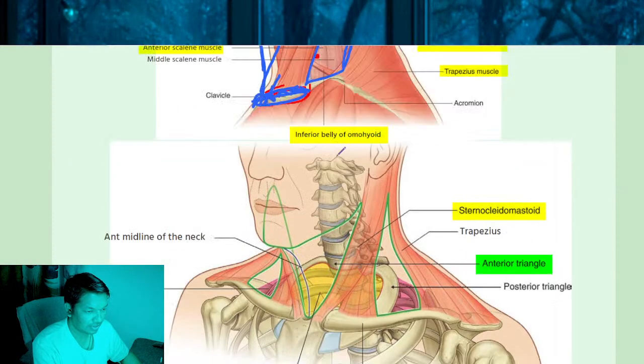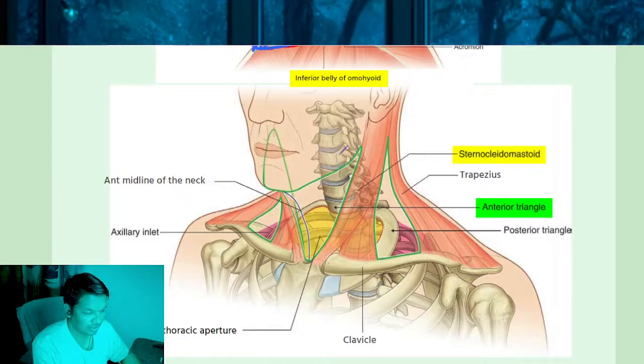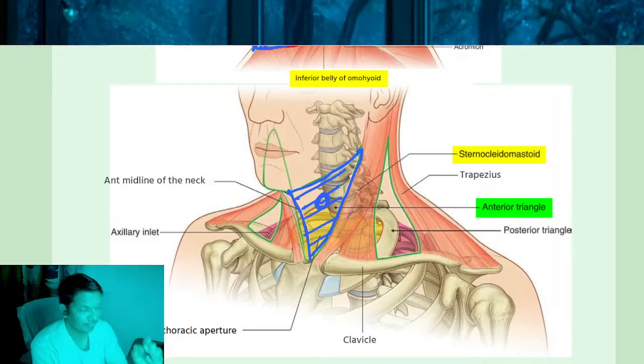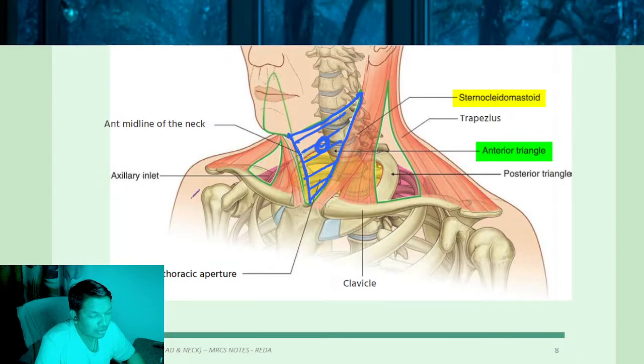Here you can see the lower border of the mandible, the anterior border of the sternocleidomastoid, and this is the anterior midline. This part is the anterior triangle. We have a right side and a left side both.